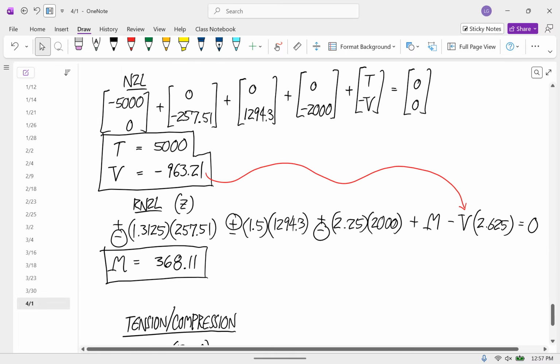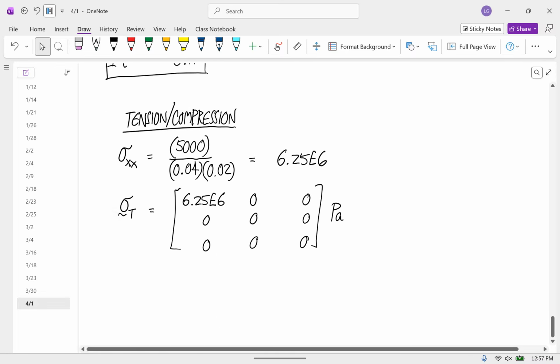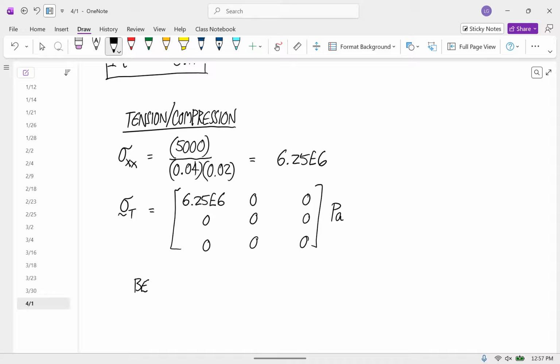Okay, so now we're going to do the stress tensor due to the bending moment.